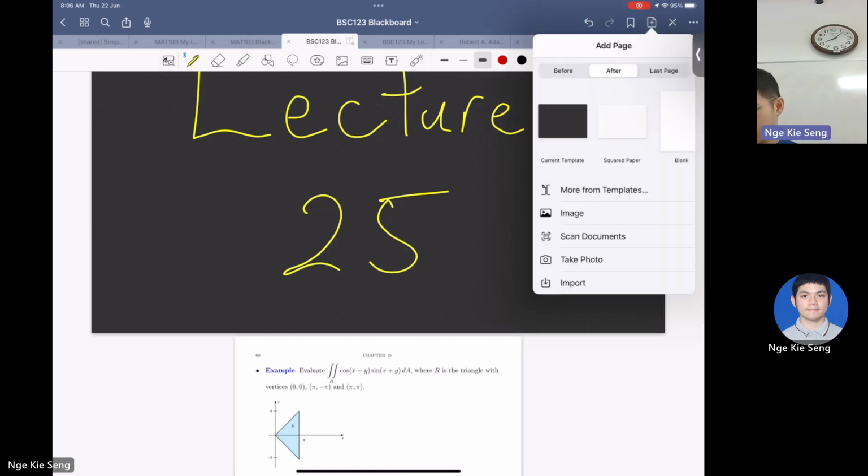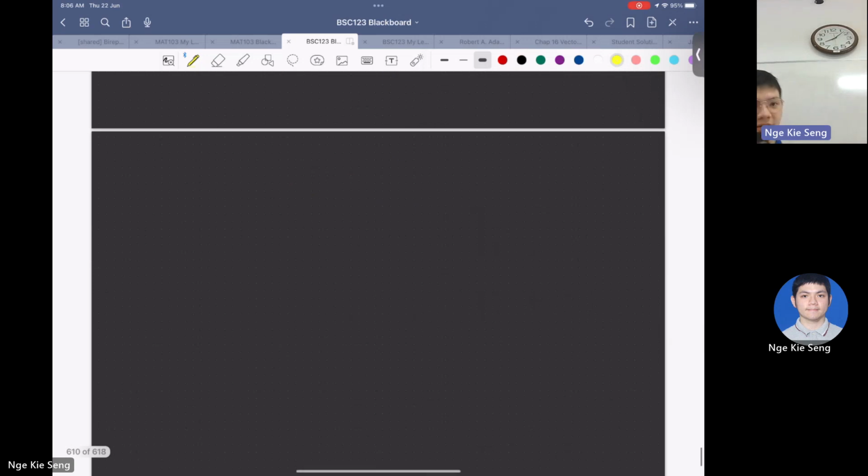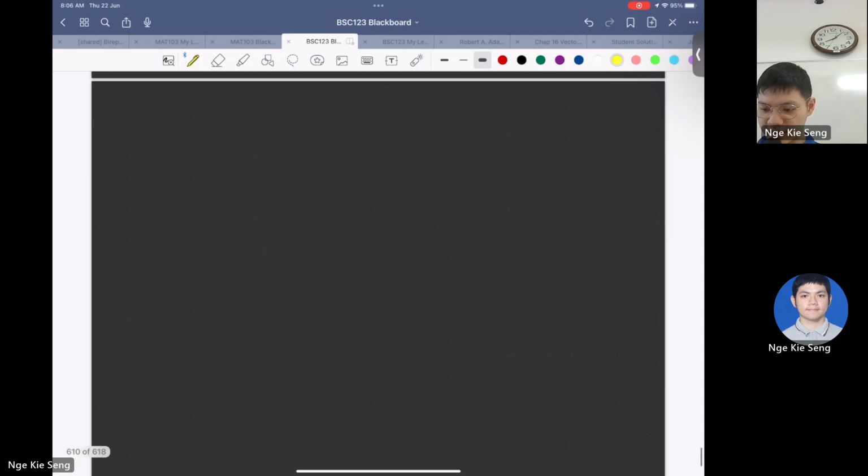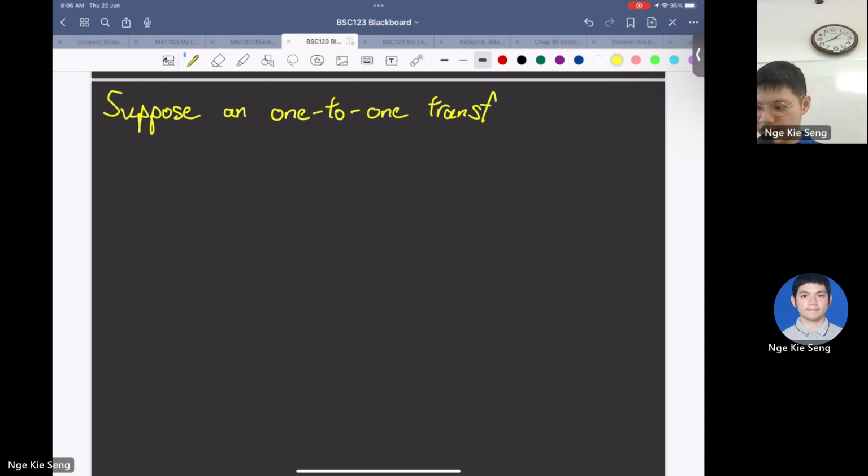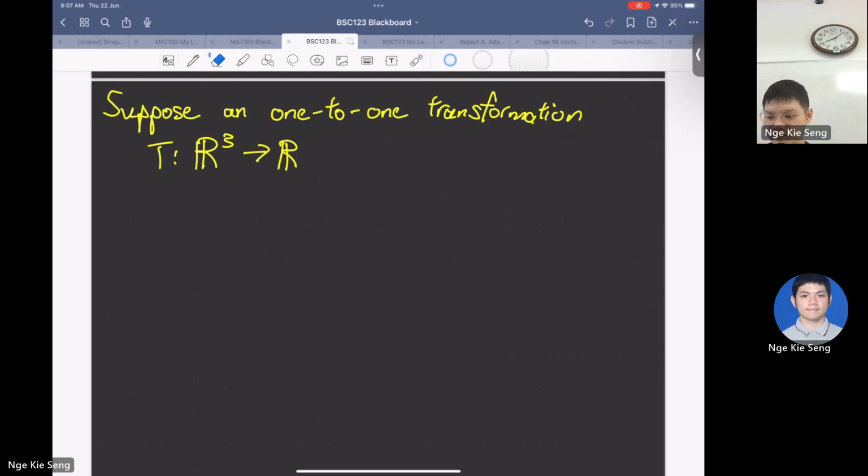Okay. Let's remind ourselves what's the change of variable. Suppose we have a 1-to-1 transformation T. Let's talk about the case of R3. R2 you just reduce one variable.